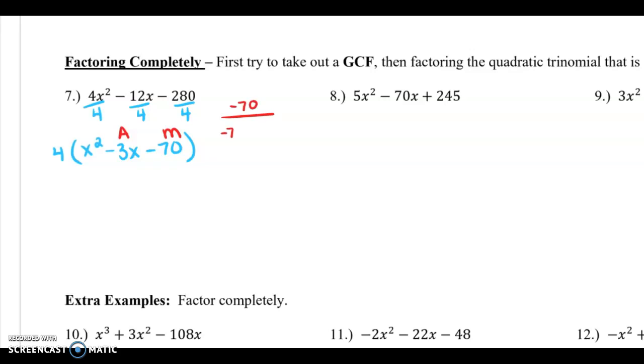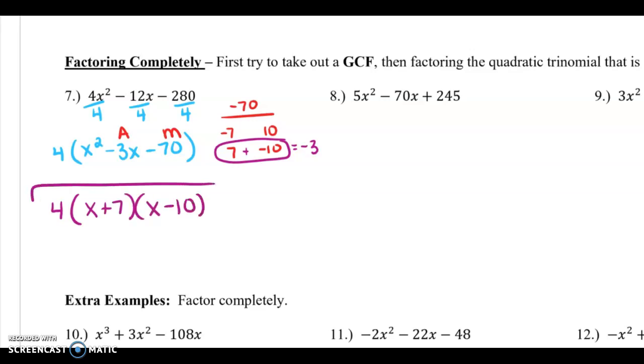So it's either a -7 and a +10, or a +7 and a -10. And it's going to be the second option because I need to get a -3. If I add those together, I do in fact get a -3. So the 4 is on the outside, and then my binomials are x plus 7 and x minus 10, in whatever order you want. Just make sure to keep that GCF on the outside. A lot of times kids highlight it so that they can remember to keep that GCF on the outside.